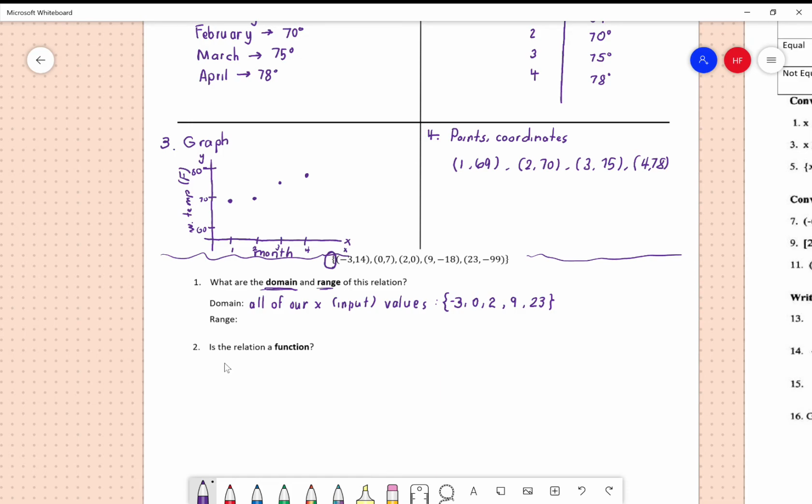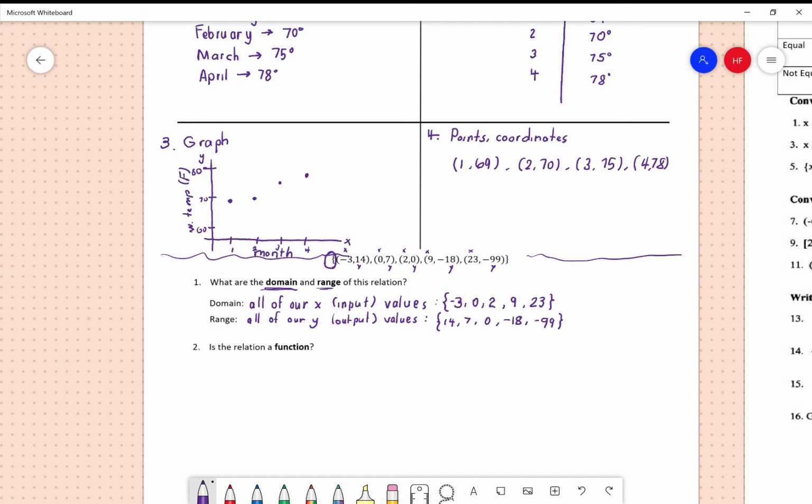So that's every single time we had an x. And then our range is all of our y values, or output values. So we'll make another set. And now we're just taking all of our y's. So every second number is going to be in our range. So we have 14, 7, 0, negative 18, and negative 99.